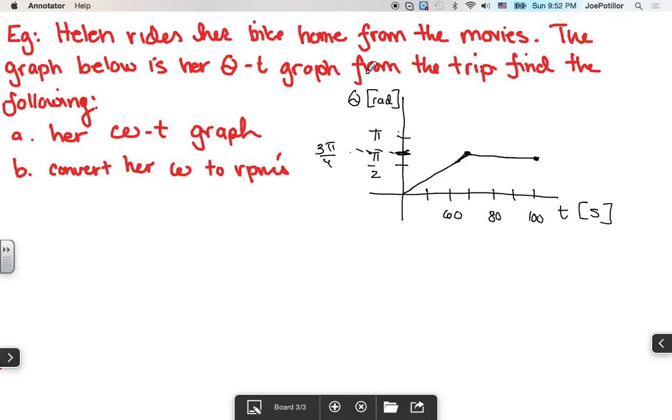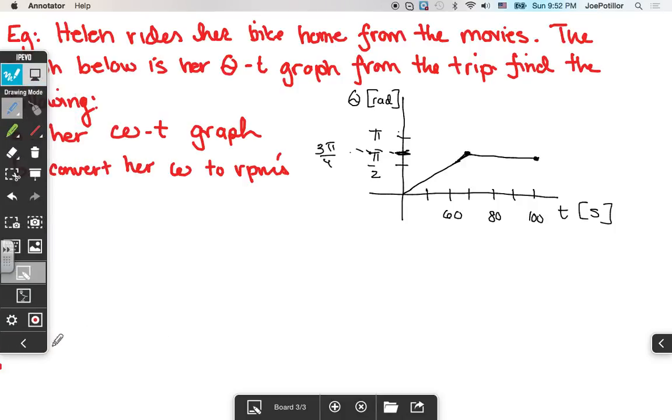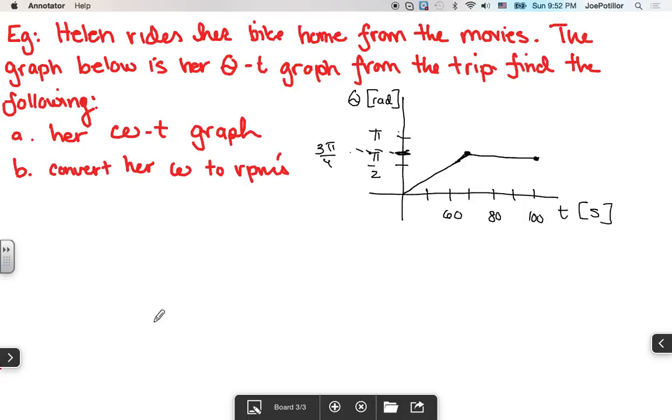So our solution for this problem, let's go on a new page. The solution for the problem here is to first understand what we're talking about.